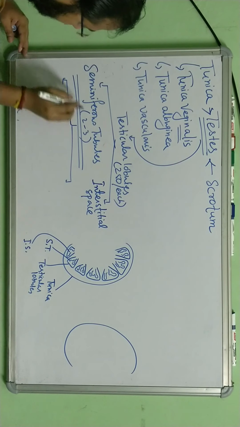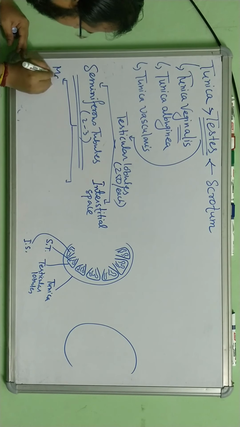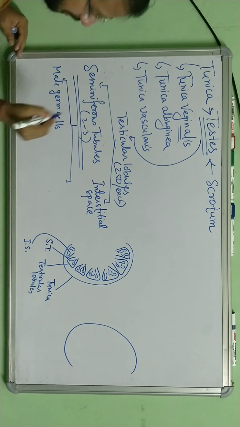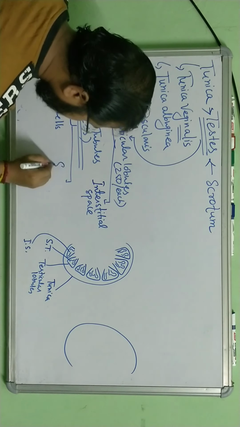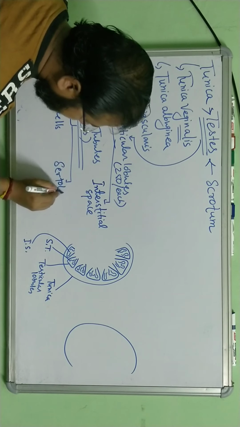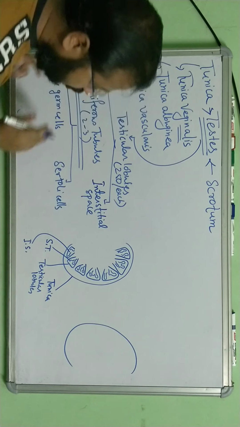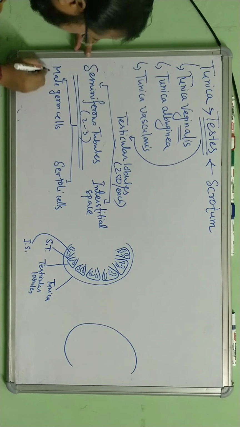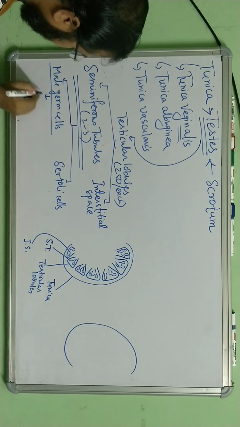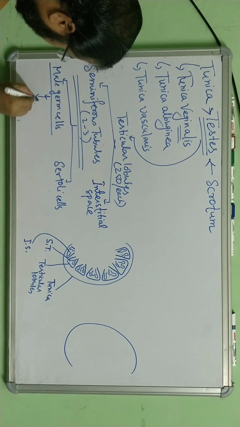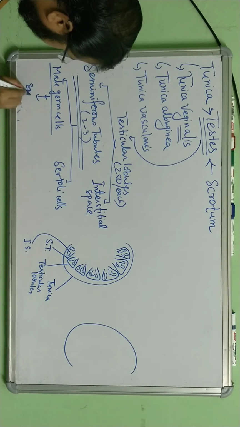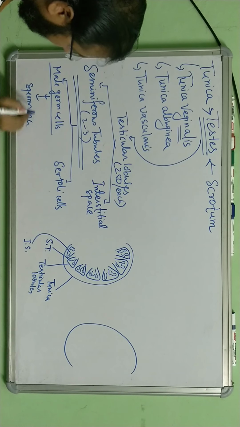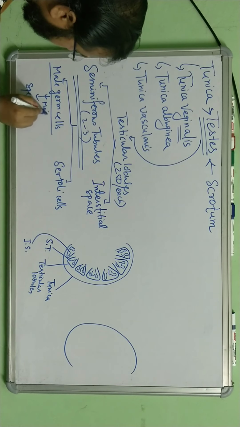The first one is the male germ cells, and then Sertoli cells. These are the two groups of cells present inside the seminiferous tubules. The male germ cells give rise to sperms, or we can say male gametes, by the process of meiosis.